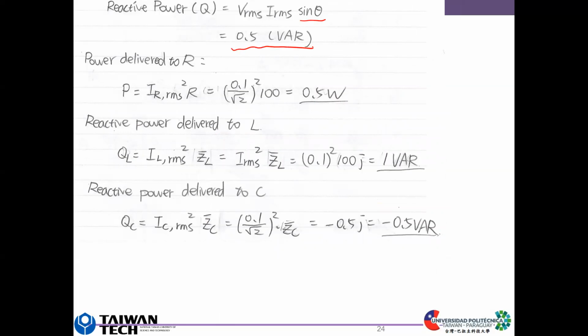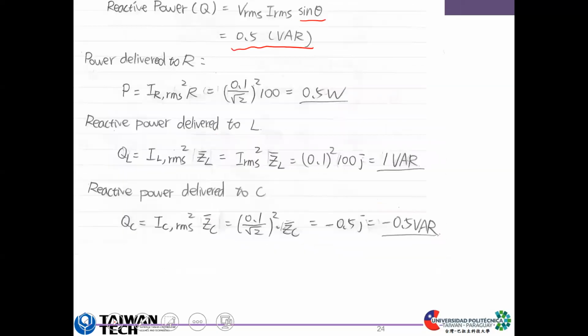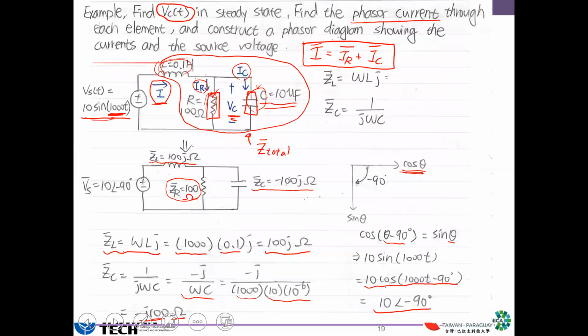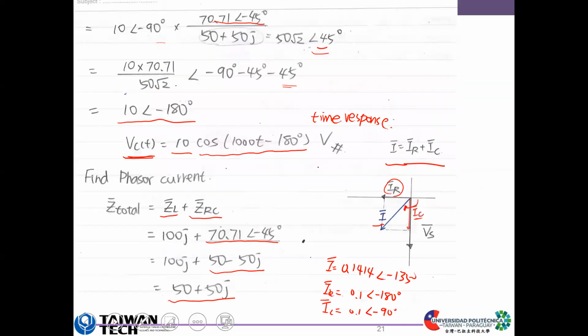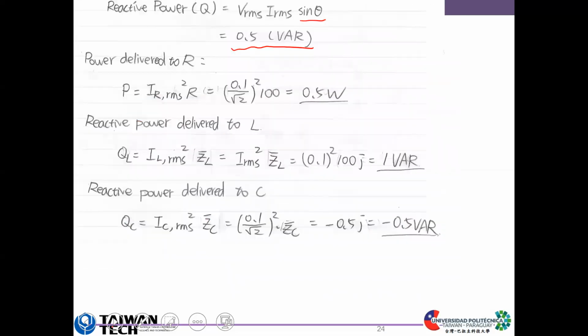Okay, in this problem, it also asks you to compute the power and reactive power delivered to each element. So in this case, if we find I, the power delivered to the inductor impedance is just I squared times ZL, right? If we use RMS, then this formula is exactly the same as Ohm's law.